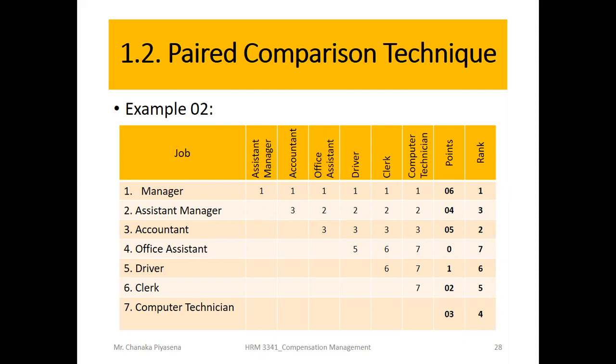If we have more jobs in our organization, it is very difficult to use the general ranking technique. Not very easy, but compared with the general ranking, it is easy to use the paired comparison technique.